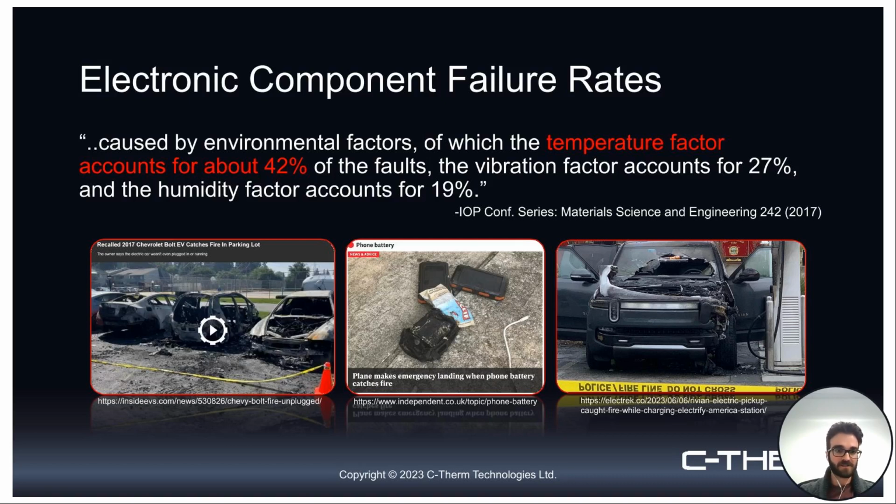As the quote here shows, temperature factors account for about 42% of all faults in various electronics. There are other reasons, of course, such as vibration, humidity, and other factors, but the temperature aspect is what we're going to focus on primarily. That relates to thermal management, how well these systems can dissipate and handle the heat that's generated, to avoid things like thermal runaway.